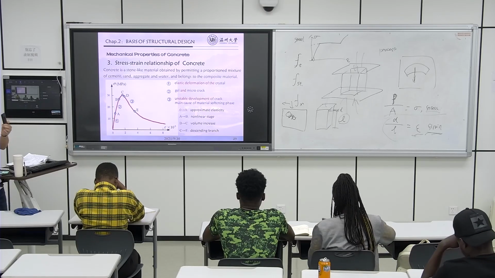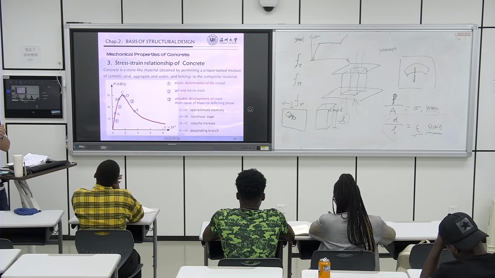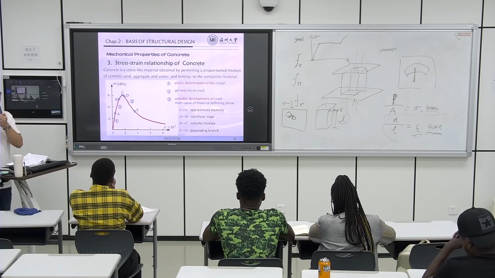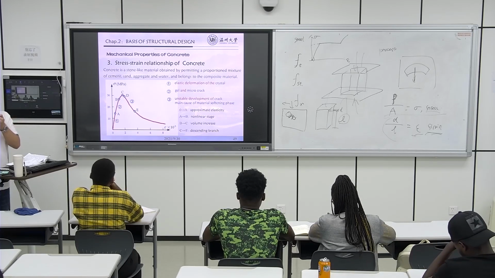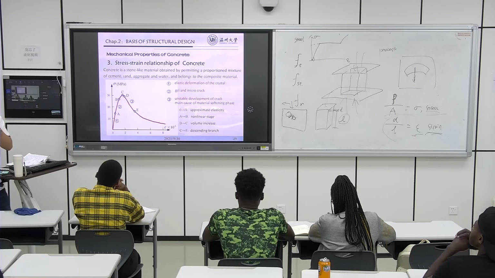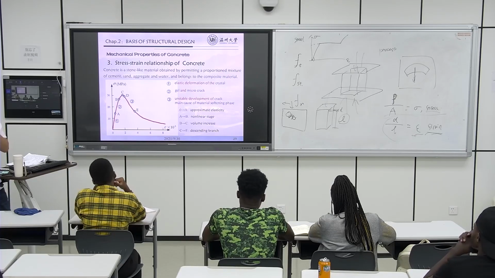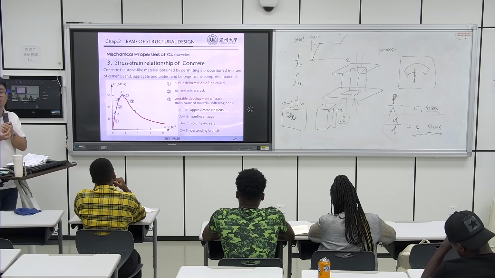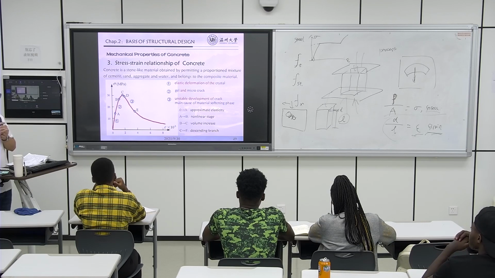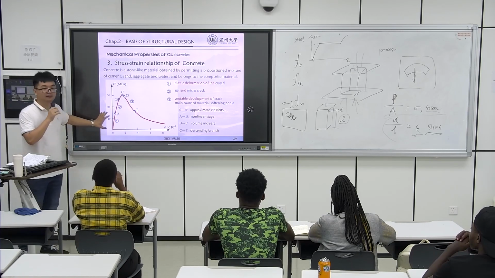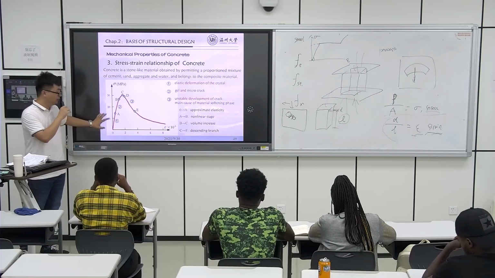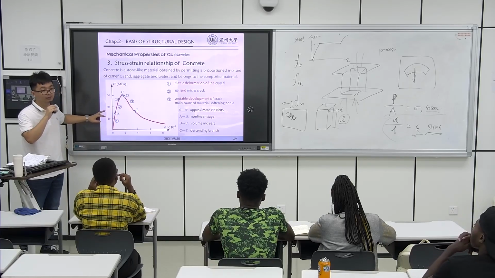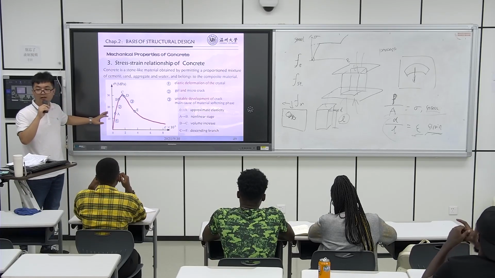So this deformation in this elastic period, we apply the load, it can recover and go back. Can you understand? It is recoverable, elastic. In this period the load is really small, not so large.